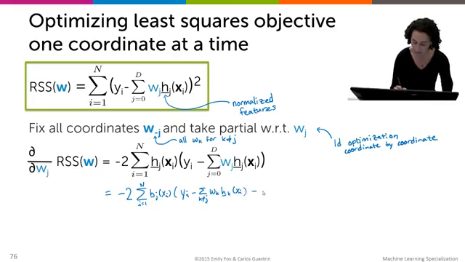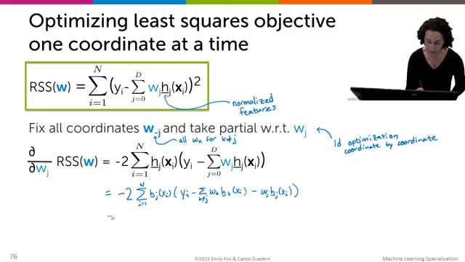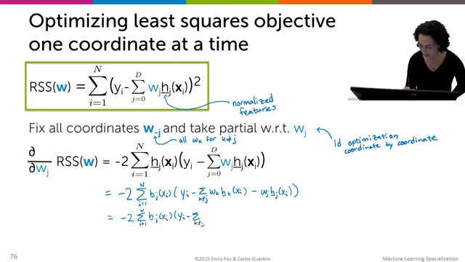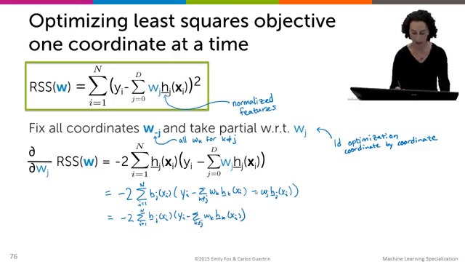So that's everything except for wj, and I'm going to write the wj term, this specific j that I'm looking at, separately: h bar j of xi. And then I'm just going to multiply through. So I get minus 2 sum i equals 1 to n of h bar j of xi times yi minus the sum over k not equal to j of wk h bar k of xi. So that's the first term. And then this minus sign and this minus sign are going to turn into a plus 2.